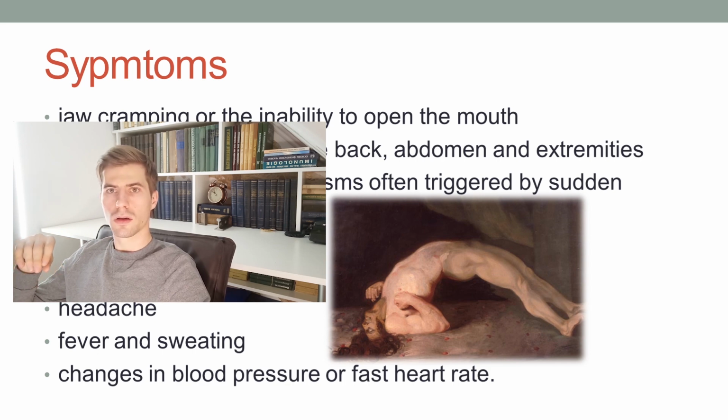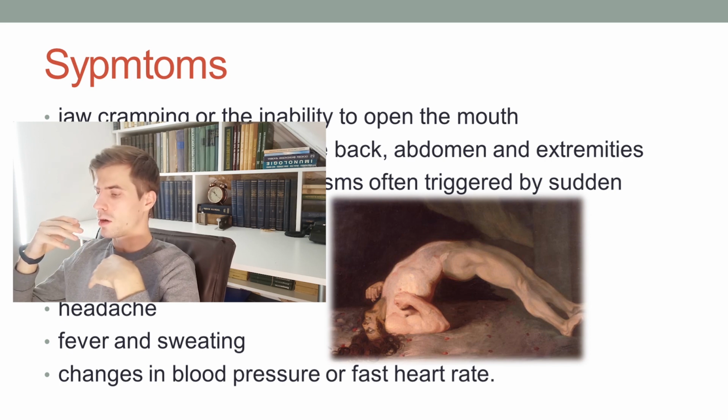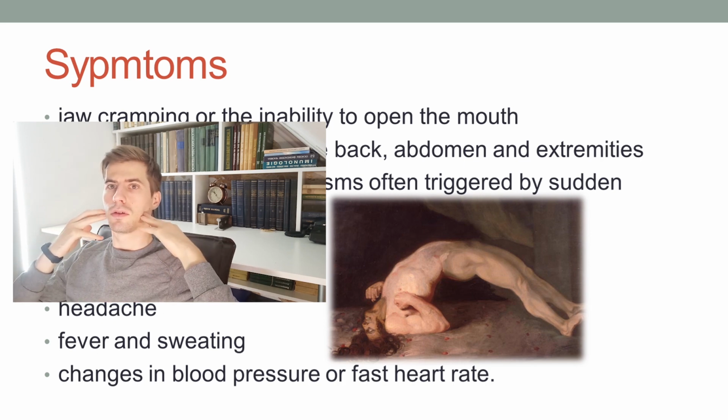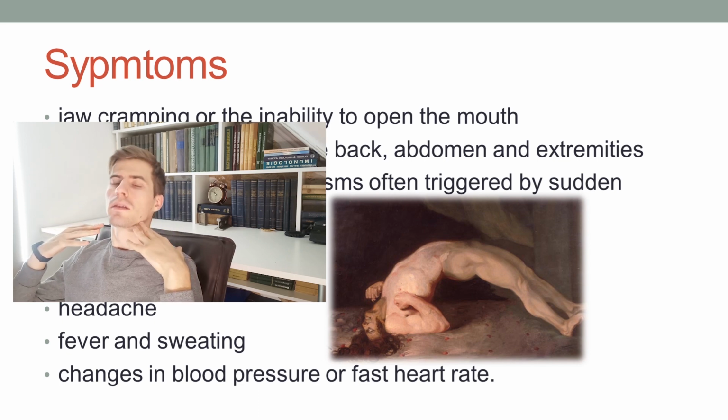How will the symptoms of tetanus look? In the beginning, it will produce just muscular rigidness, like the infected person is not able to talk. The muscles of the face, of the head, of the neck start contracting.